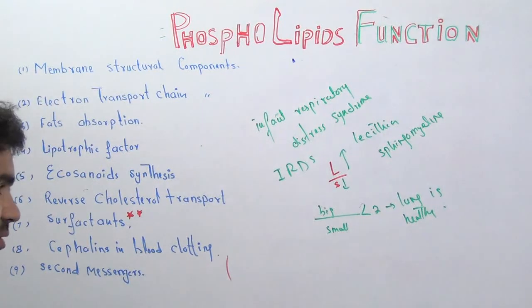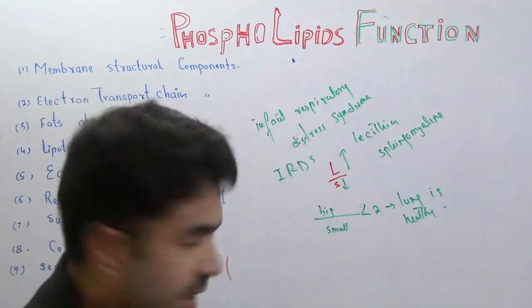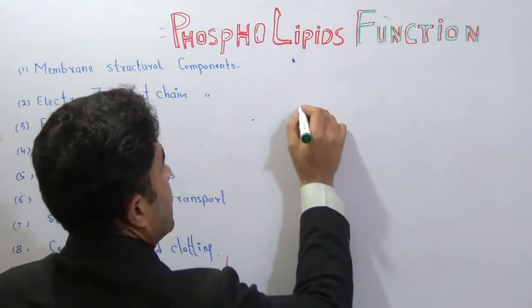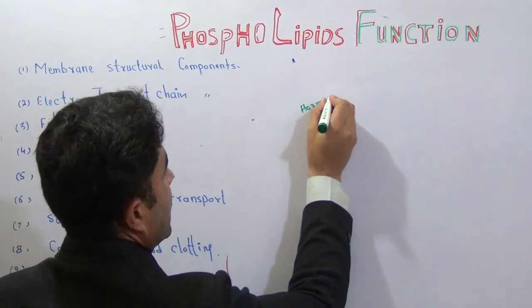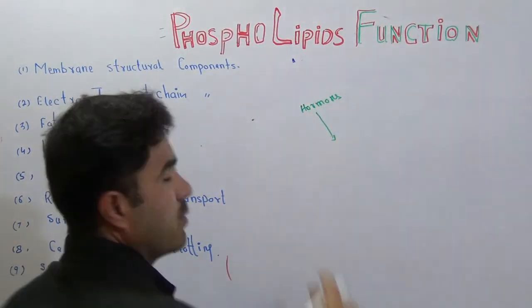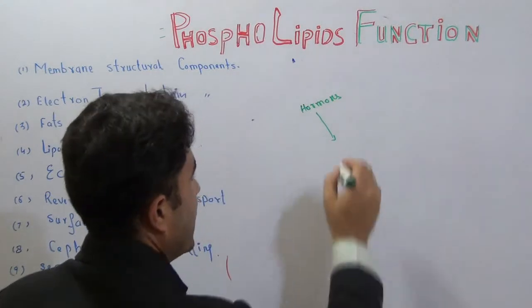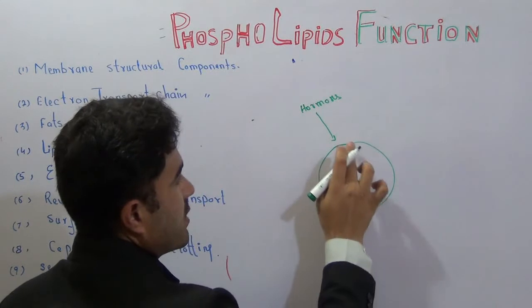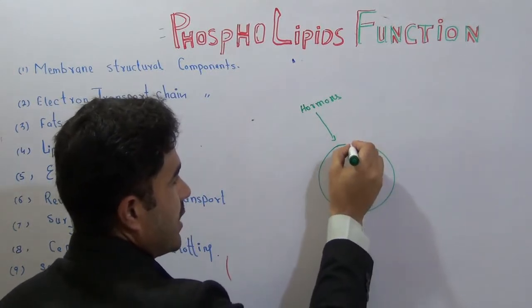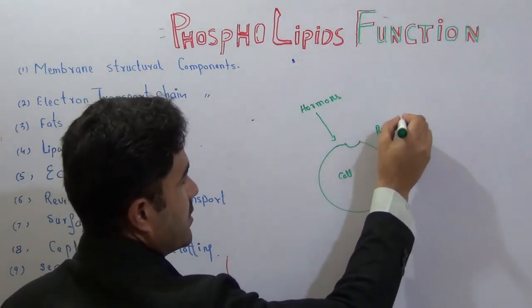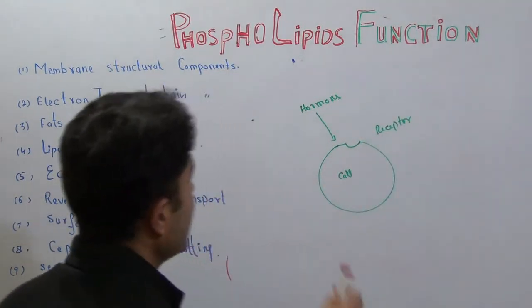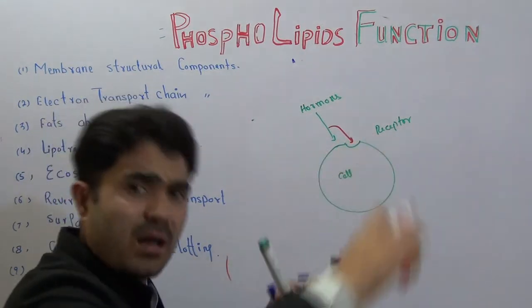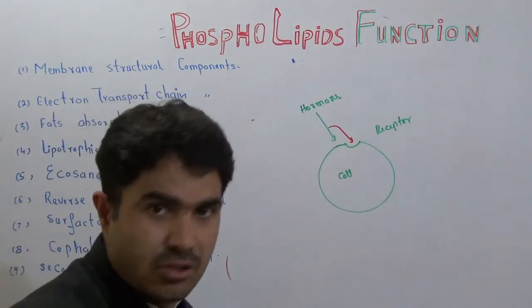The last one is secondary messengers. As you know, there are some hormones in our body, and whenever these hormones perform their action, they come to our cell. Our cell contains a receptor. When the hormone attaches to that receptor, whether the receptor is on the cell surface or inside the cell, it's okay.